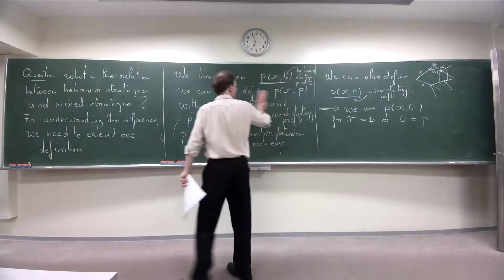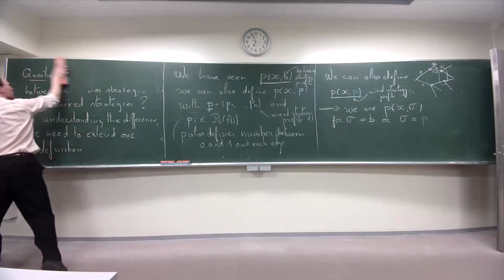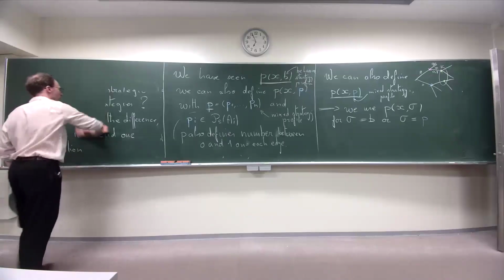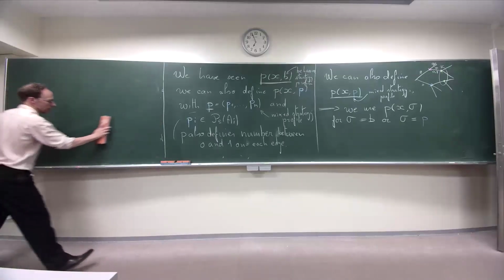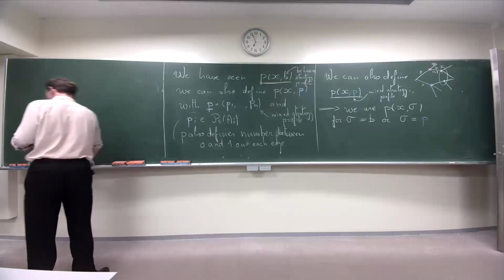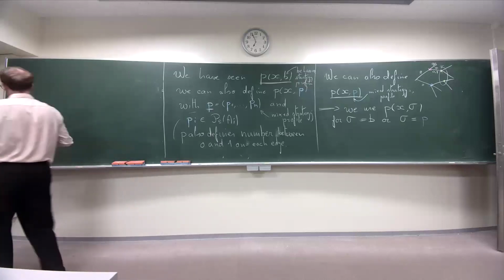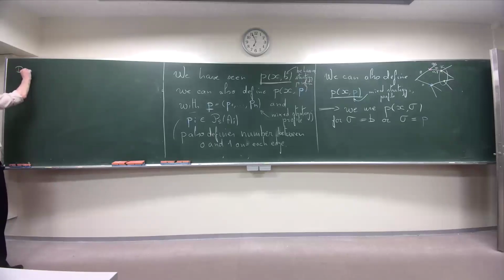So now I have this notation both for behavior strategies and for mixed strategies. So I can give a definition and then a rather important result. So it's a definition.